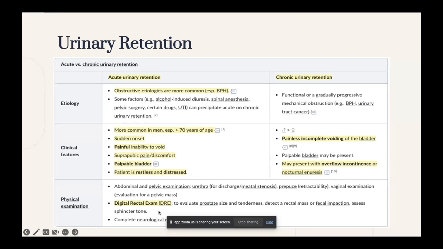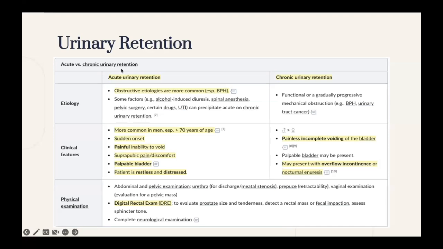The physical examination is typical. We start with abdominal examination and then a pelvic examination. We look at the meatus and make sure there's no penile cause for the obstruction. Digital rectal exam is important. As we mentioned, BPH can cause both acute and chronic urinary retention, and it is the most common cause of urinary retention.